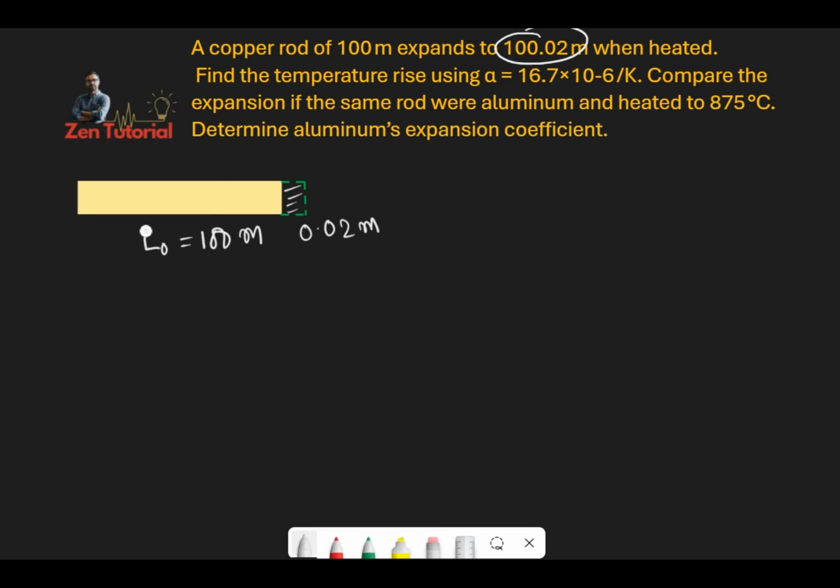So this is the final length L, let's say 100.02 meter. And this part is the increase of length, let's say del of L.